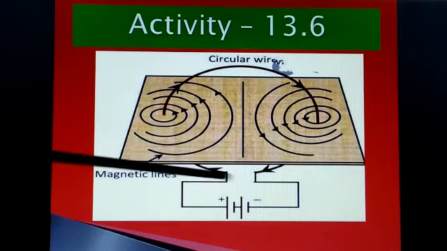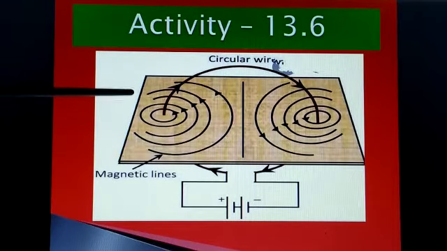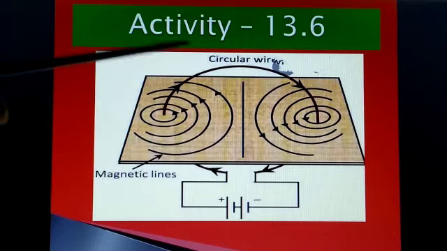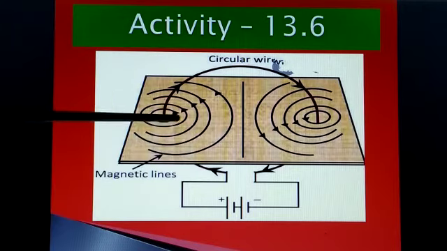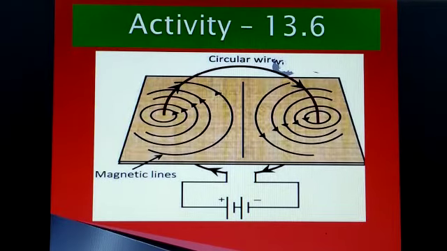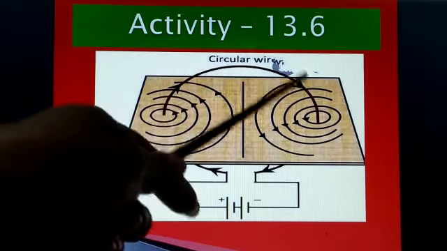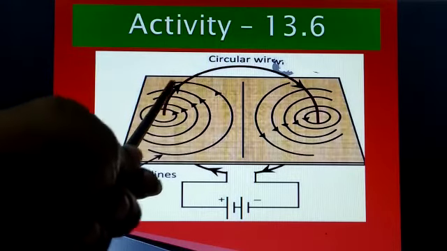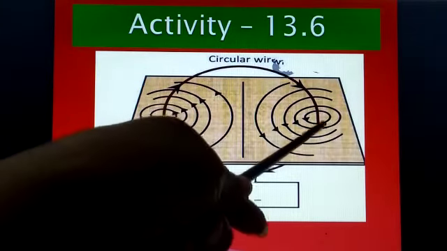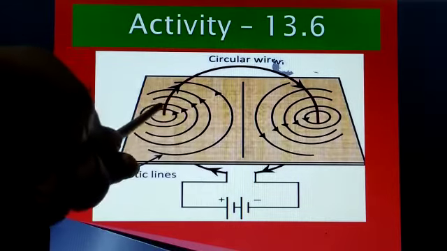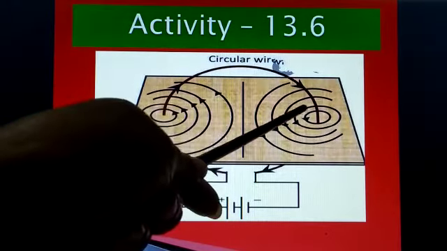Using the right hand thumb rule, we can find the direction of the magnetic field. Yesterday I explained that. So using that rule, we can find the direction of magnetic field. We can increase the magnitude of magnetic field by increasing the number of coils. Here it is a single wire, so we can increase the number of wires in this circular loop.